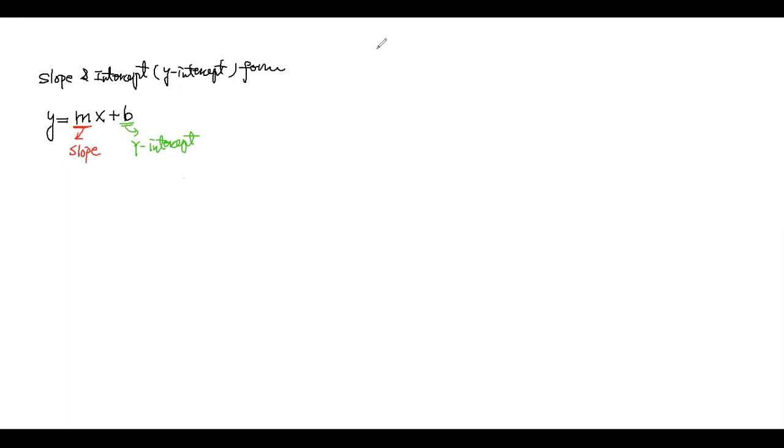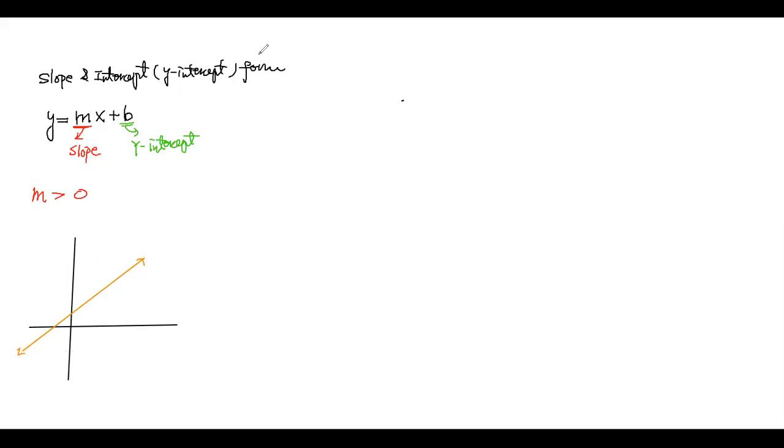So we know the slope can be positive, can be negative, or can be undefined. Let's look at when the slope is positive. If you have an equation like this, like we talked before, you go uphill.